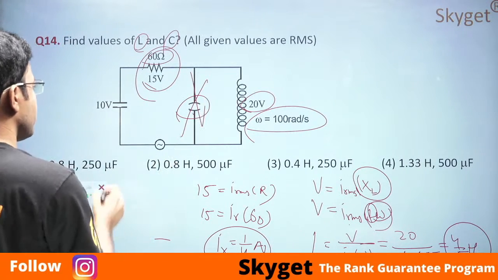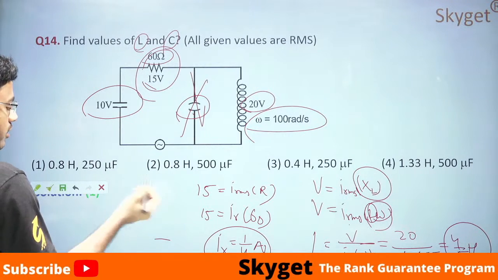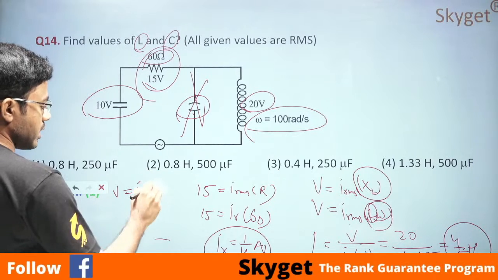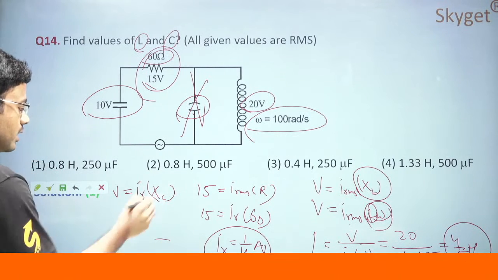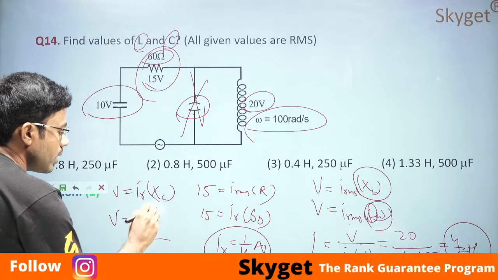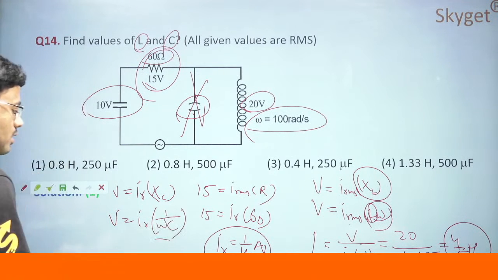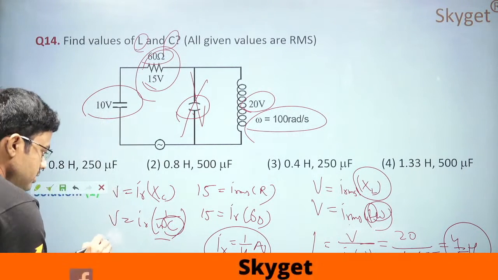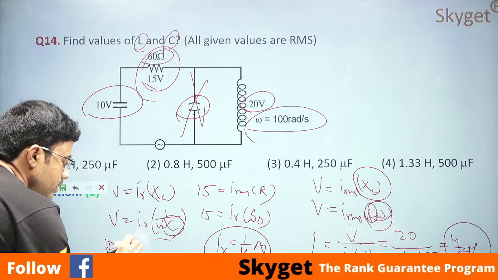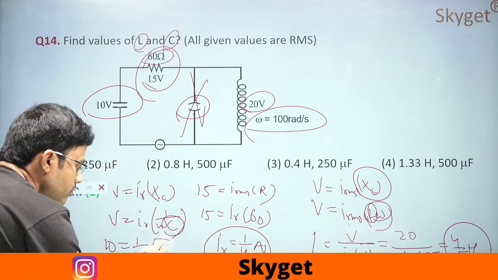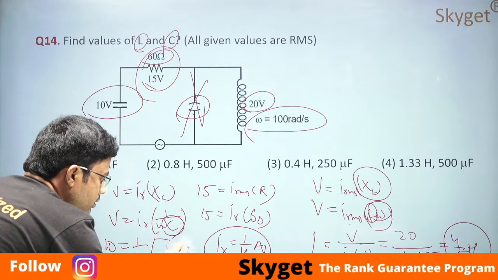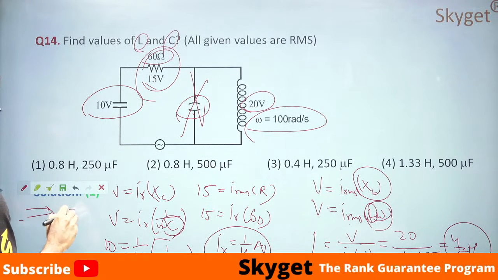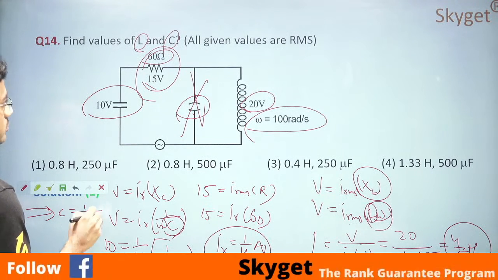Next, again you have to find the value of capacitance. So again, V is equal to IRMS into the reactance of capacitor XC. The reactance of capacitor XC is 1 by omega C. So in this you have to find the value of C. The voltage across the capacitor is 10, and IRMS is 1 by 4, 1 by omega, 1 by 100, into C. From this you can directly say that the value of C is equal to 1 by 4000.